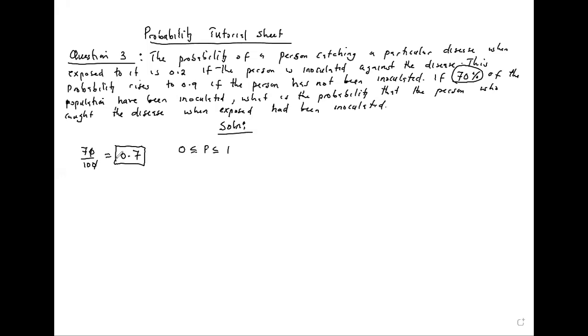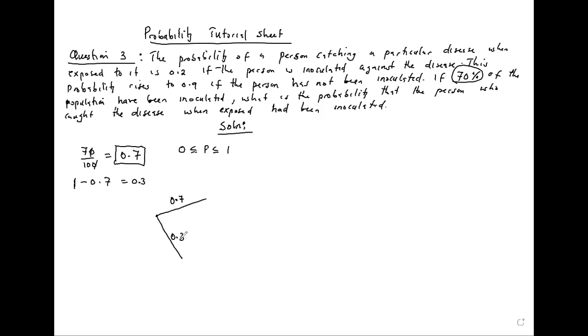Since the total probability is 1 for the whole population, it will be 1 minus 0.7, which is 0.3 for those not inoculated. So when you go to a tree, there is a branch for those inoculated and a branch for those not inoculated. That's the first thing, population.